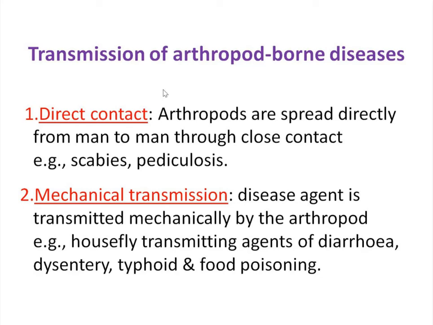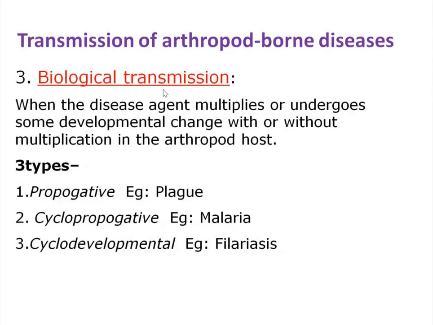Examples are diarrhea, dysentery, typhoid, and food poisoning. When these houseflies feed on foods, from there it transmits to other persons. So all of these, diarrhea, dysentery, typhoid, or food poisoning, are transmitted through houseflies by mechanical transmission. So next is the biological transmission.